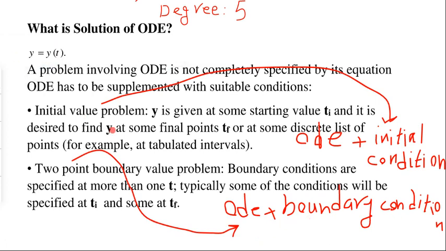Based on these descriptions, for obtaining the unknown function y of an ordinary differential equation, we need some extra conditions. If we have our ODE with some initial conditions, our problem will be called an initial value problem. If we have some extra boundary conditions along with our ODE, the problem will be called a two-point boundary value problem.